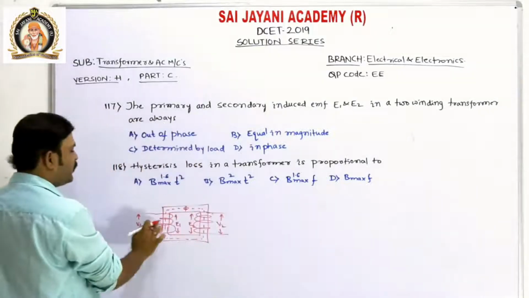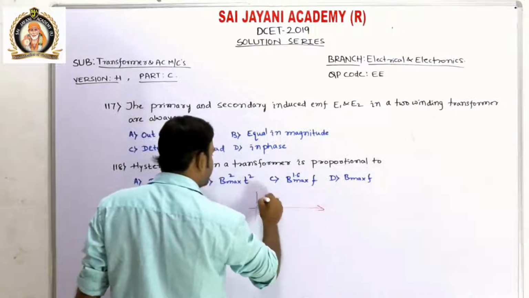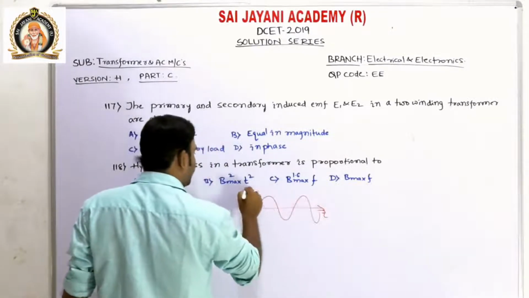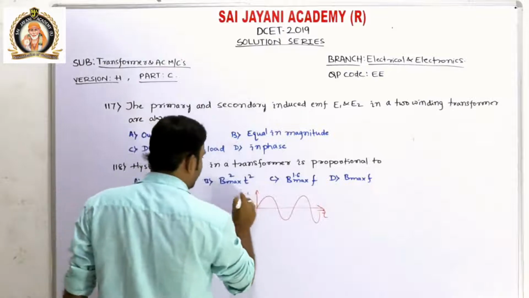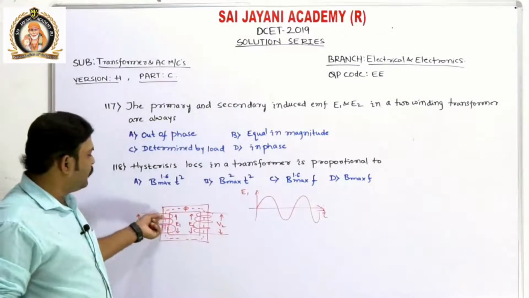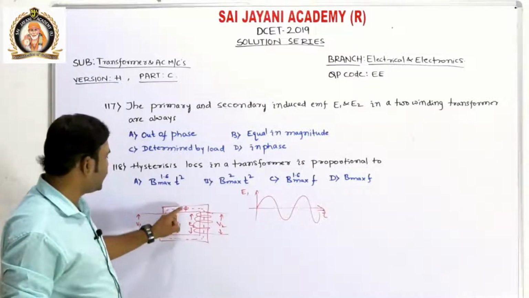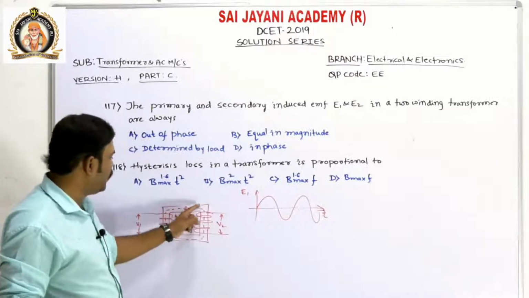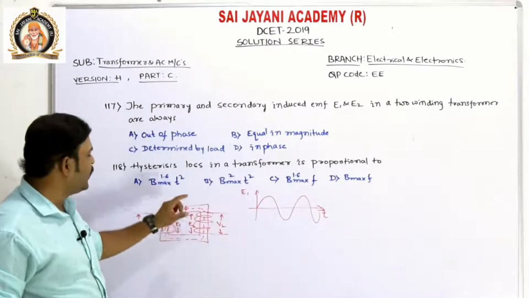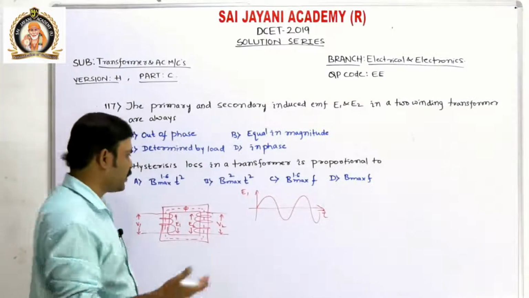Because of this V1, E1 is induced. Because of that E1, flux is created, and that flux is alternating in nature, and that also cuts the secondary conductors, and then E2 is induced there according to Faraday's law of electromagnetic induction.